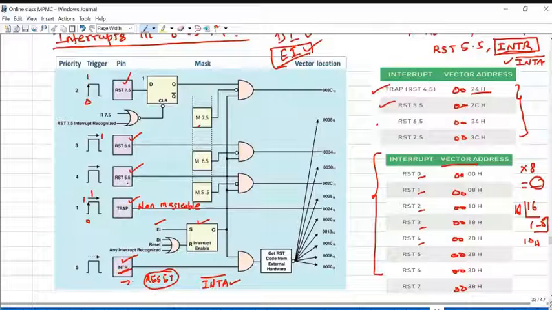Then the processor automatically calculates the address location by multiplying the RST number by 8. You get a decimal value, which is converted into hexadecimal. Then the processor starts executing from the corresponding address location onwards. This is one way. In another way, the external hardware sends the address location directly. At that time the call instruction will be executed.